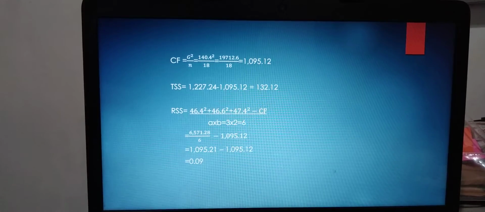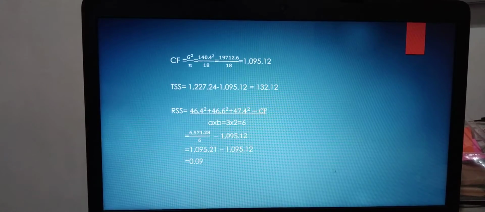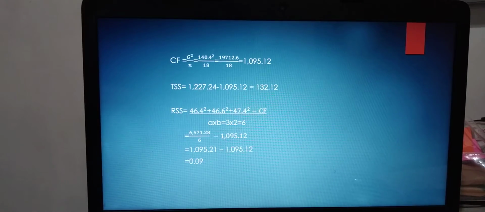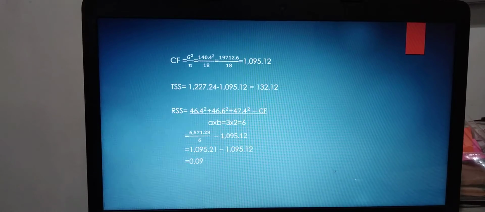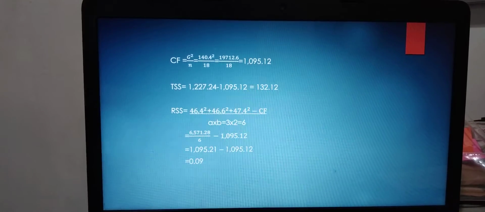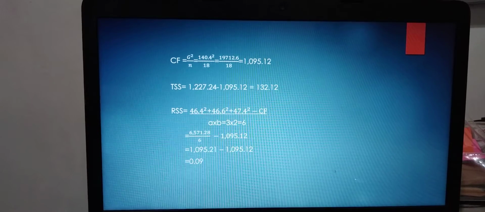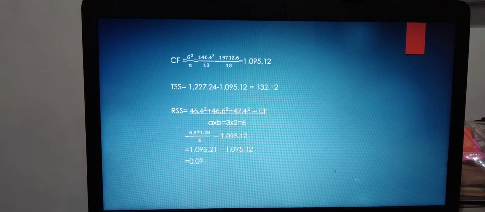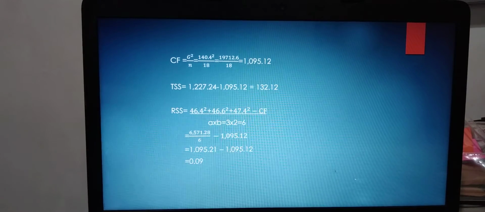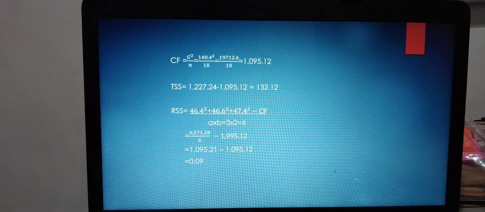With our replication total from the previous table, 46.4 squared plus 46.6 squared and 47.4 squared, minus our correction factor, over 6 times B, or our weeding frequency in our treatments, which is a total of 6.